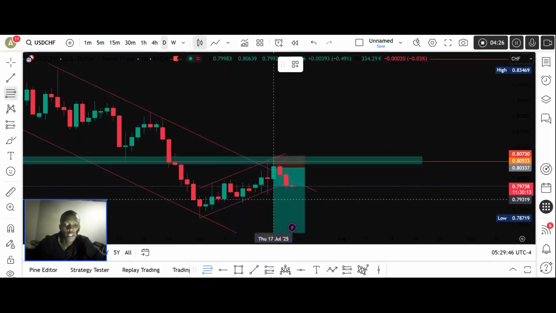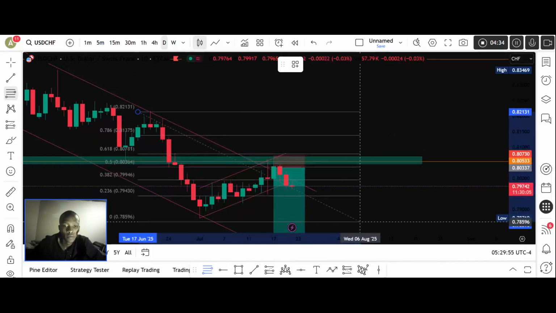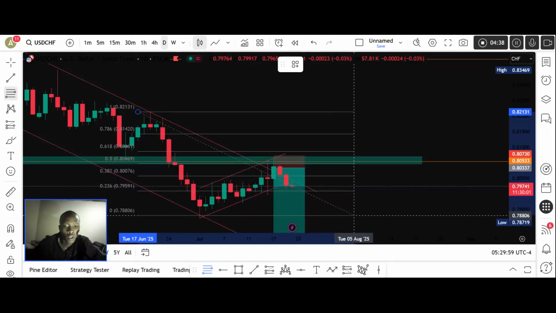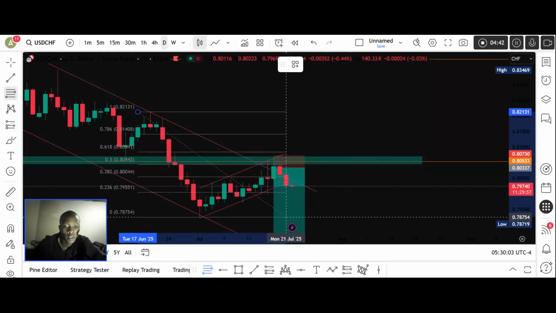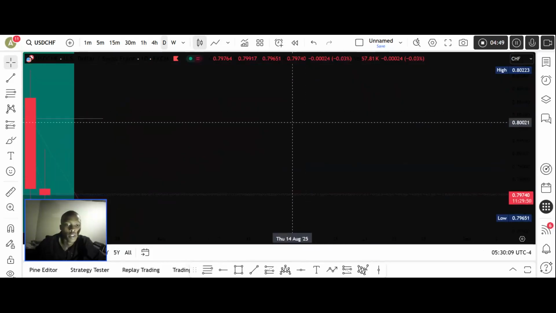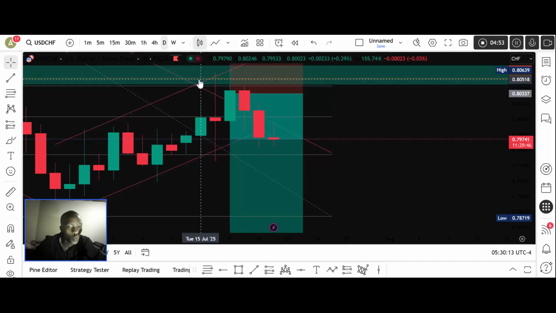When I measure from last week to the lower, just like that, there you go. You see this orange line? That's where my 50% retracement is.